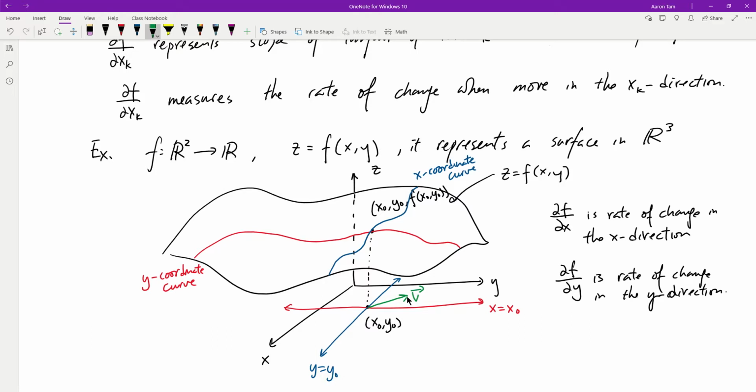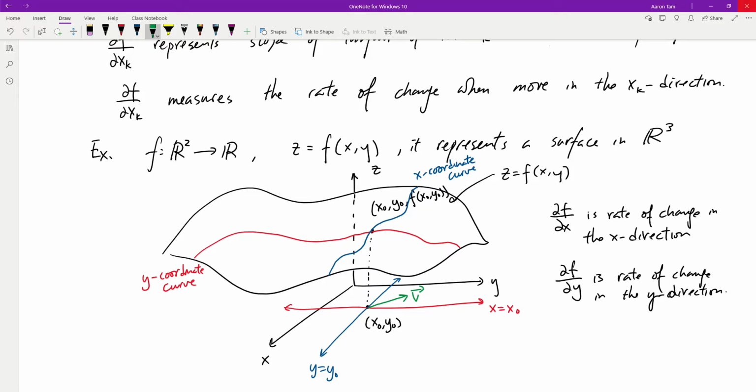So realistically, I should be able to move this point x sub 0, y sub 0, not only along the blue line or the red line, but along a specific direction, which in this case is represented by the green arrow. And if I do that, wouldn't that also have some kind of rate of change that we can measure? And of course, there is. The question is how to calculate that. That is what we try to figure out mathematically.